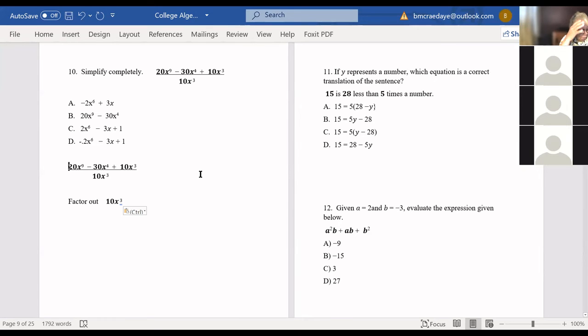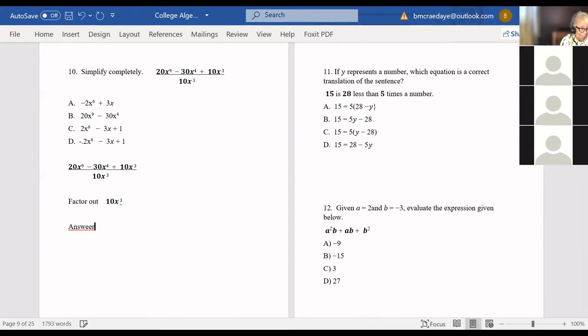Yes, that's true. You subtract the exponents. So factor out the 10x to the third. It's 3 from 9 to 6, right? So you said C. That is correct.